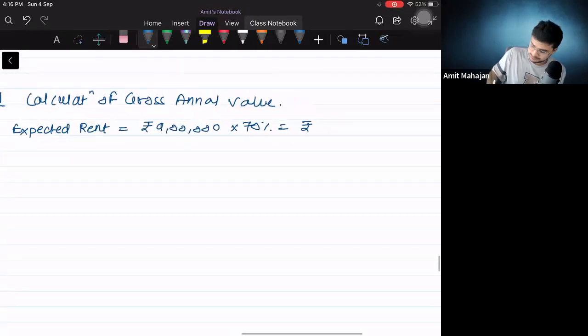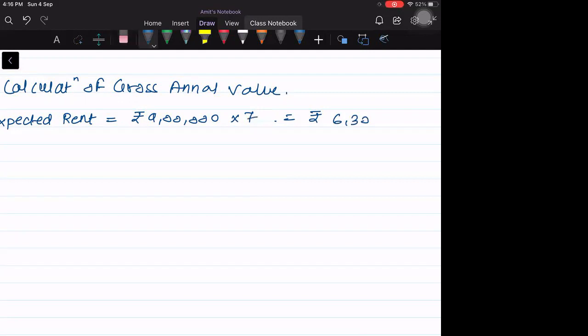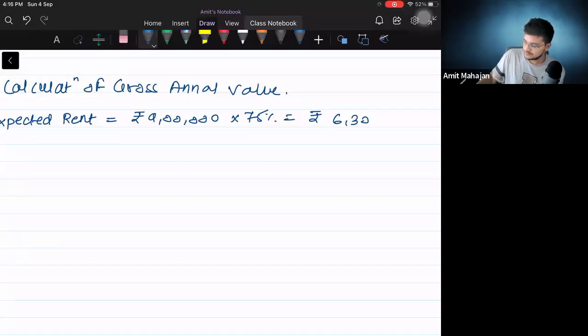How much will remain? 60 is 6,30,000. Not 70, it should be 75. Sorry, 75%. So 9 lakhs into 75% comes to 6,75,000.